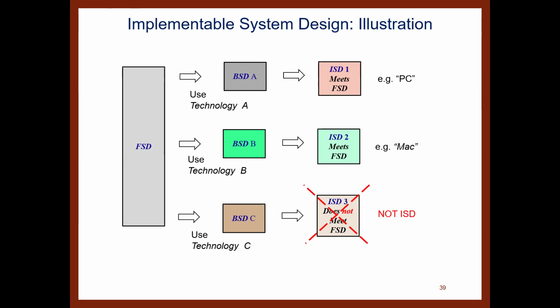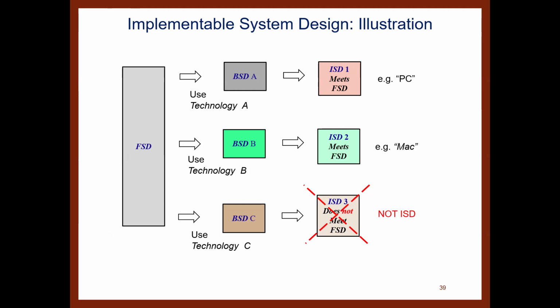From there, using different technology, we can come up with different options for buildable system designs. For example, if you use technology A, that could be buildable system design A. You use technology B, you have another potential concept, which is a buildable system design B. And if you use other technology, you have a third option.